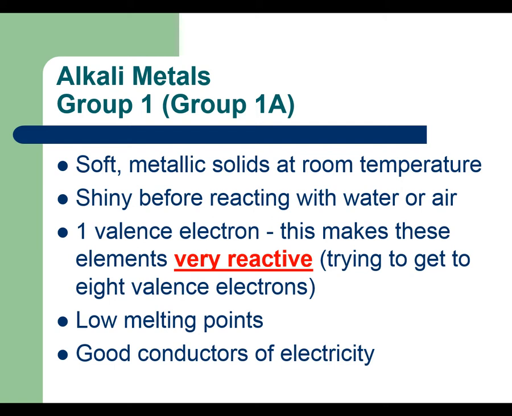Now, I told you that the magic number was what? 8. So you might think, well, wait a second. Something that has one valence electron isn't very close to having 8. But what we will find when we talk about chemical bonding is that there are two ways that atoms can get to 8. They can either pick up electrons and go up to 8, or they can lose electrons and go down to 8.